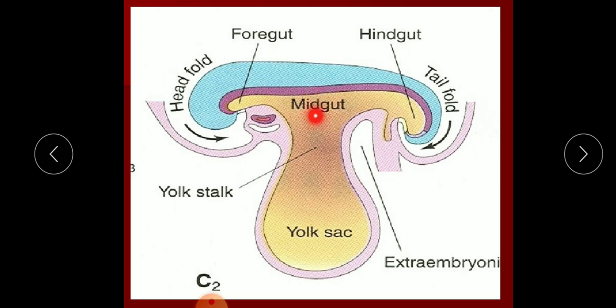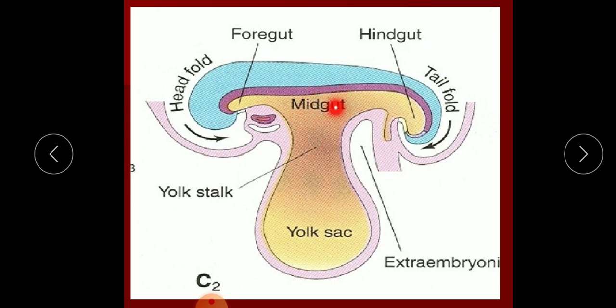Midgut is that part which directly communicates with the yolk sac. Initially this midgut is in direct communication with the yolk sac through a wide opening. But later this wide opening gets narrowed so as to form a small duct termed the vitellointestinal duct. So that is your first part, midgut.